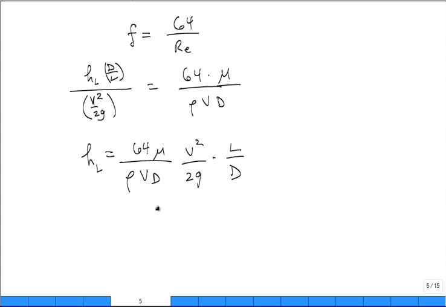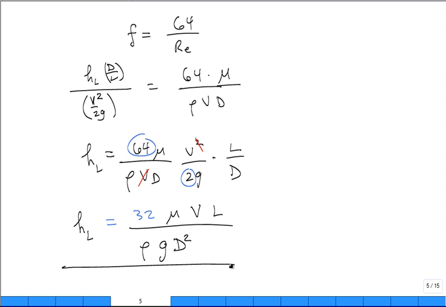So I dropped this down to 32 because of this and this. And then I'll have the viscosity mu. I'll have only one V because these cancel. And I'll have the L. Then I'll divide by rho g D squared. So sometimes you'll see an equation like this and you say, hey, let's just use this equation. Well, it's for laminar flow only, and this problem was not laminar flow.